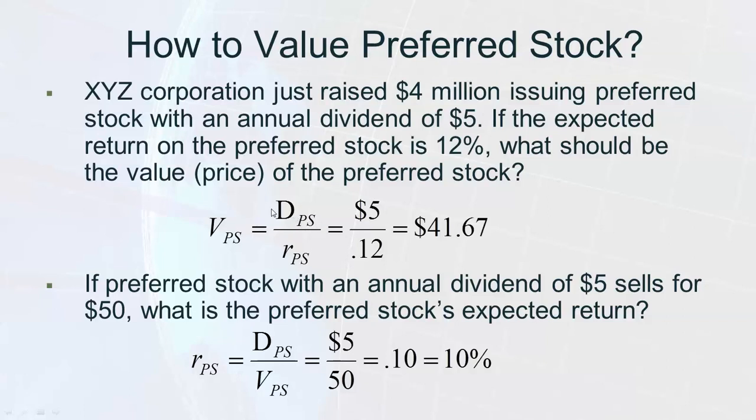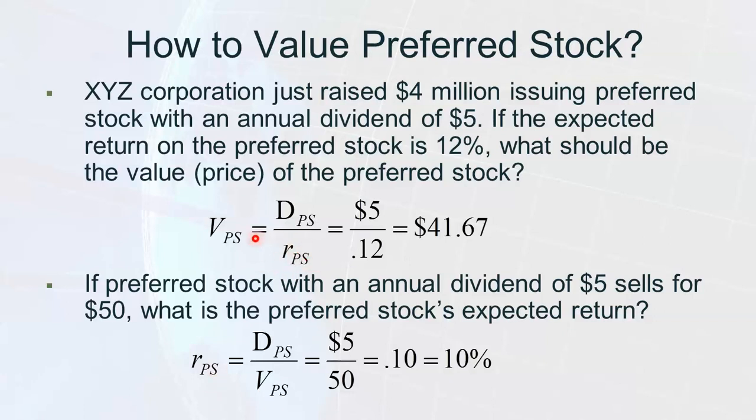This is the no growth formula we just did, and in preferred stock valuation we still use the same thing. If a preferred stock with an annual dividend of $5 sells for $50, what is the expected return on this preferred stock? In the first case you are solving for value, in the second case you are solving for your discount rate.